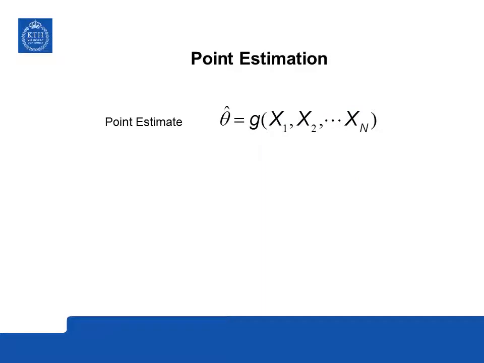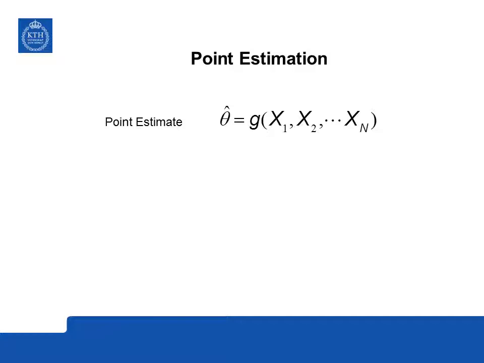The simplest way to provide such an estimation is the so-called point estimate. We have our actual unknown parameter theta, and we would like to find a single point estimate theta hat, a single value that estimates theta. And what we have at hand is the output data x1 to xn.